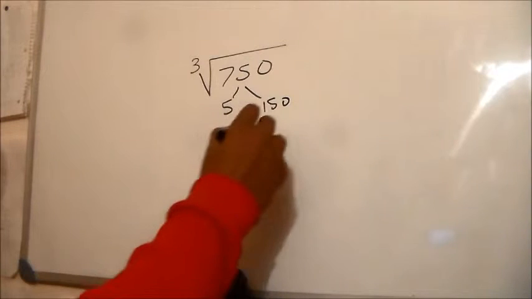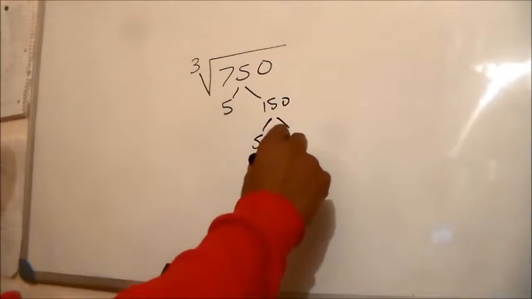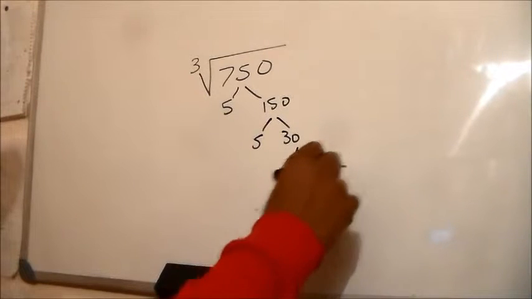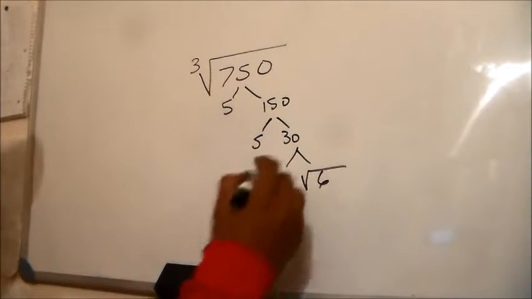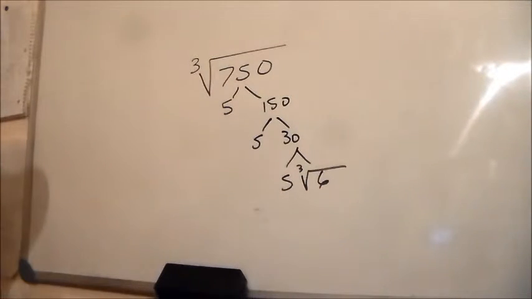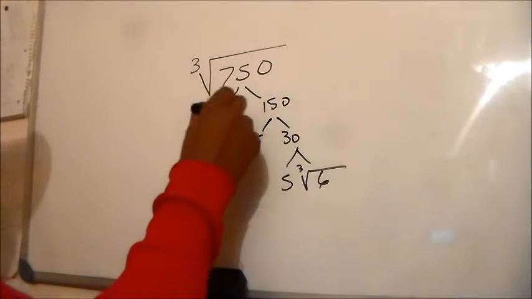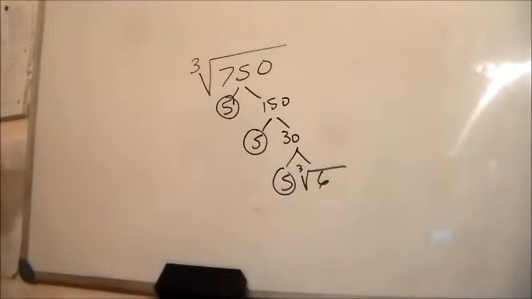We need 3 continuous factors, so 5, 30, and 5, and I'll just write my radical here to run right into my answer. And 6, so 5 root 6 is basically 5 cube root 6. I apologize, because we started out with cube roots, but we have 3 continuous factors, and then our result is cube root 6. Right, so that's our final answer.